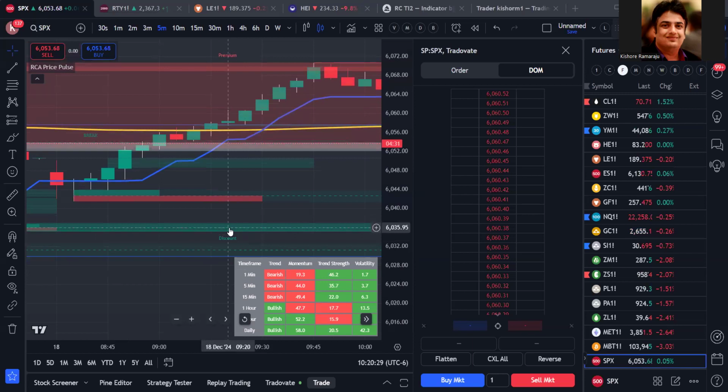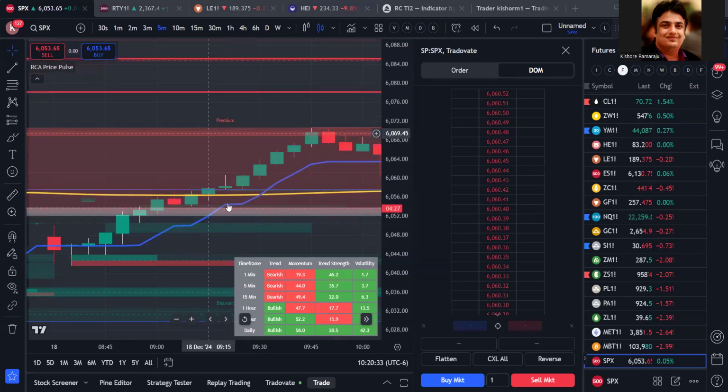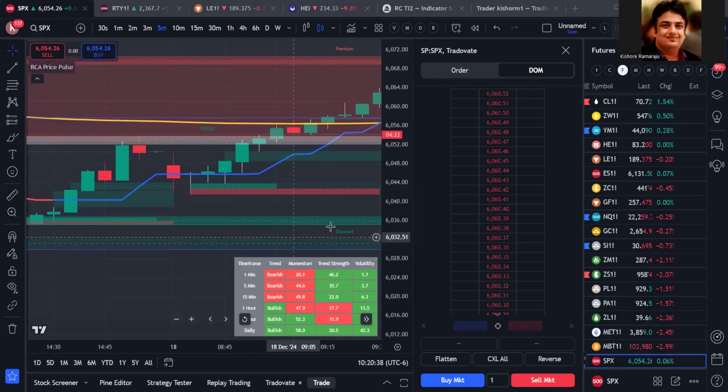Right? Is it clear? So the major components: discount, premium zone, fair value zone, and if you see either stocks or options, futures or currency, whatever it is, if the price touches the discount zone, you see a big buy order block and the line turns blue, that is the time you can enter long.